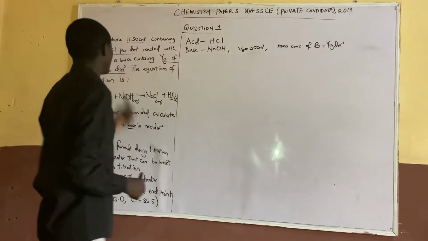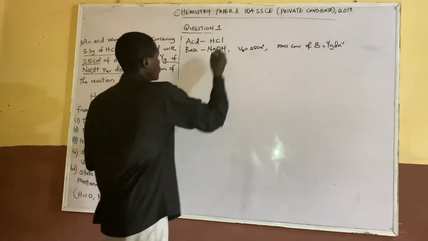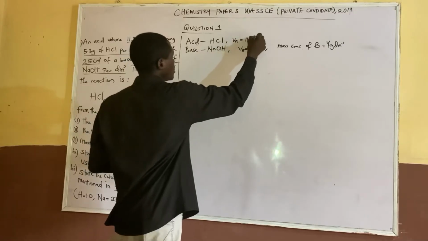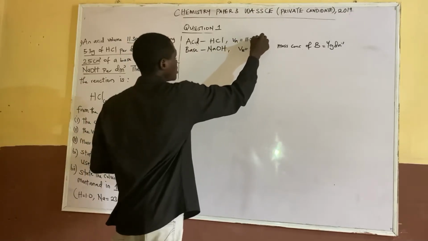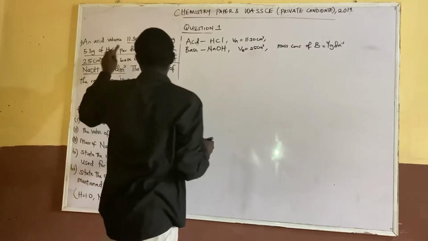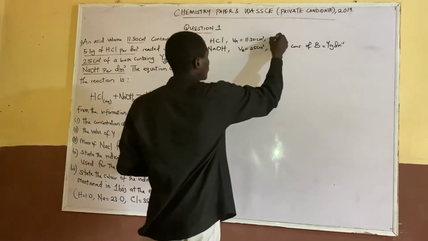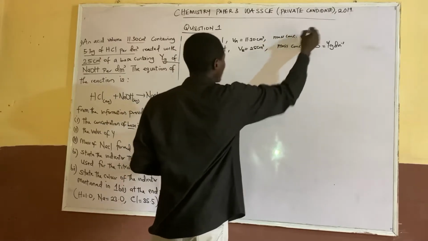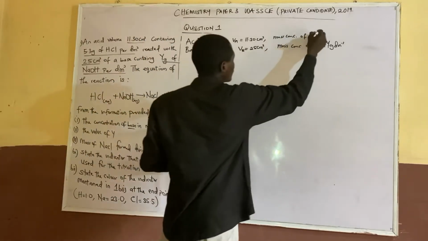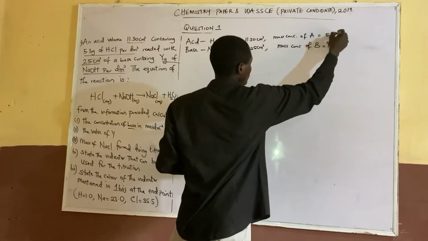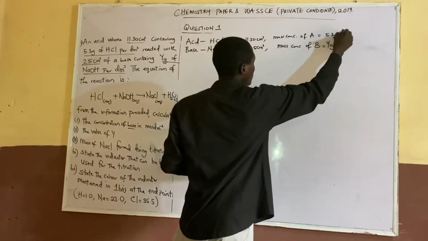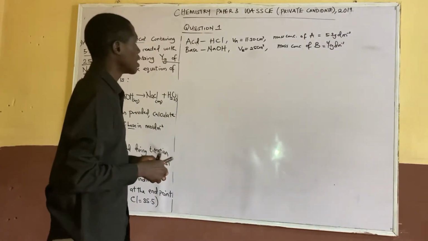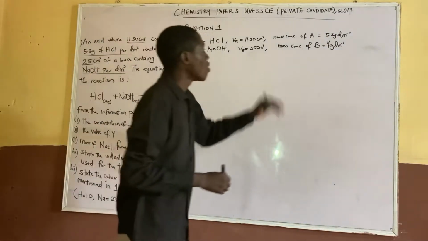But when we look at the acid, what are we given? We are given VA, which is 11.30 cm3, and the mass concentration of A is given as 5.3 gram per dm3. So we are given the volume of the acid and the mass concentration of the acid.